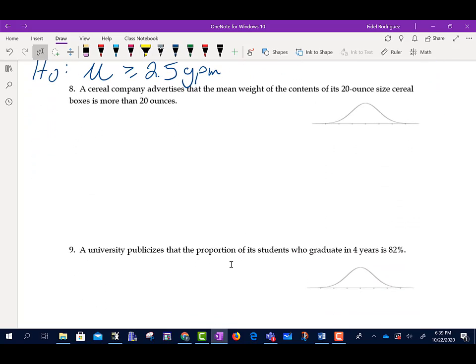It says, a cereal company advertises that the mean weight of its contents of a 20-ounce size cereal is more than 20 ounces. Okay, so I'm dealing with mean again. So mu is greater than 20 ounces. Remember, the first thing I'm always writing down is my claim.